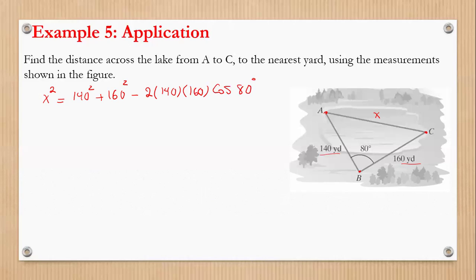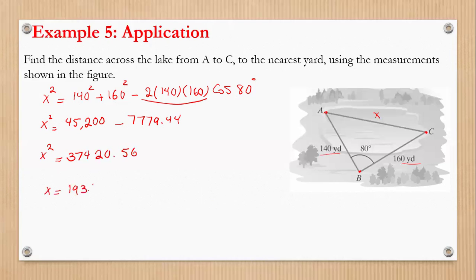And then it's just calculation. 140 squared plus 160 squared is 45,200, minus, multiply these three, and then multiply by cosine 80 in the calculator. It gives me 7779.44. And if I subtract these numbers and take the square root of this number, x would be 193.4.